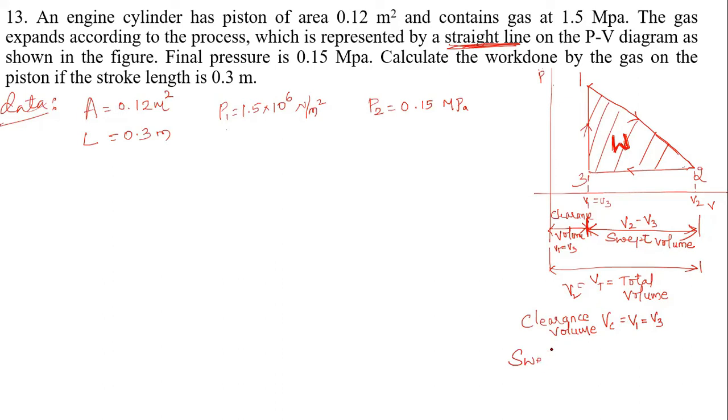Swept volume, that is Vs, in this problem is V2 minus V3. From here to here, that is the volume swept by the piston, V2 minus V3. And total volume, that is from the y-axis to the final volume, that is Vt. Here in this problem, it is V2.